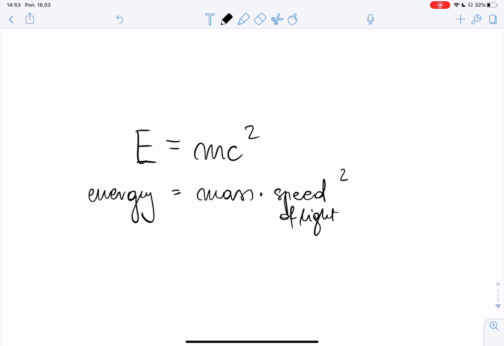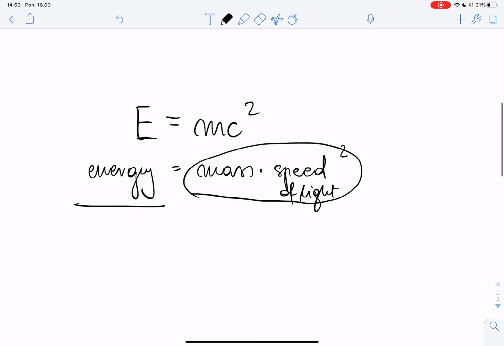And guys, this states that energy can be present in a few forms, including mass times the speed of light, which means that energy and matter are almost the same, but in different forms. And guys, today we're going to talk about matter and energy. And they are really important in terms of whole ecosystems.